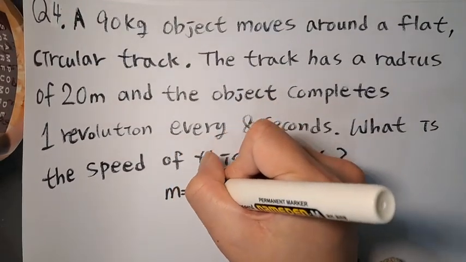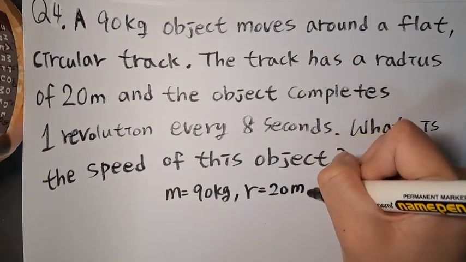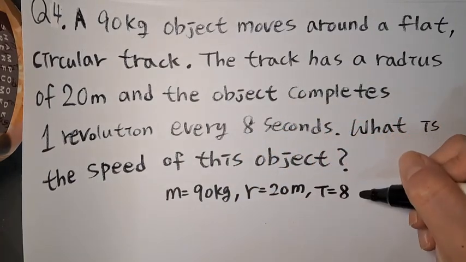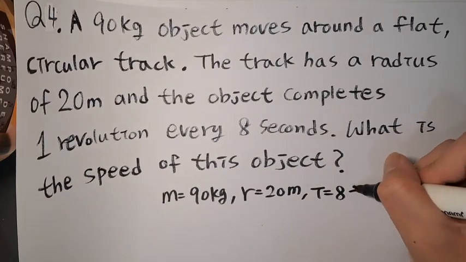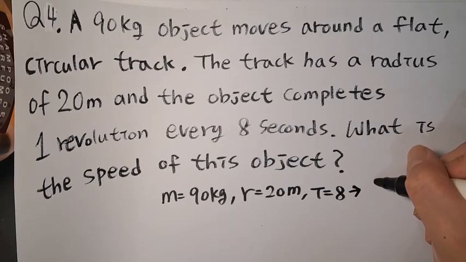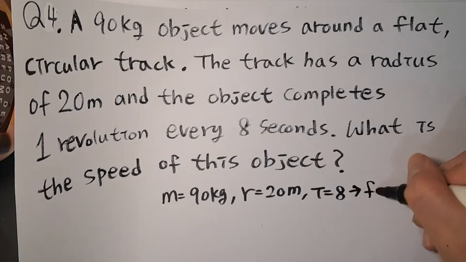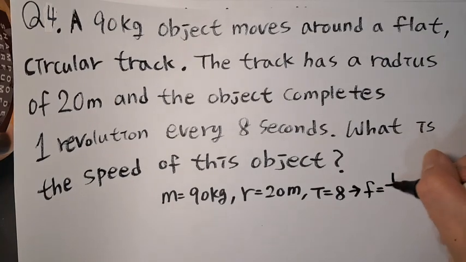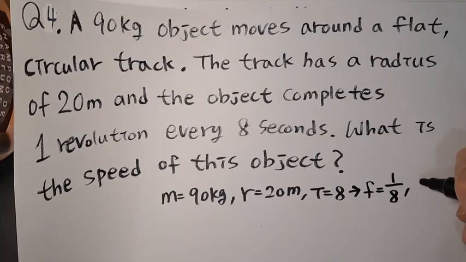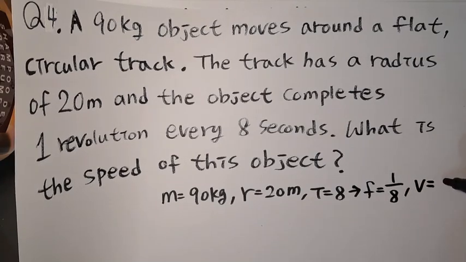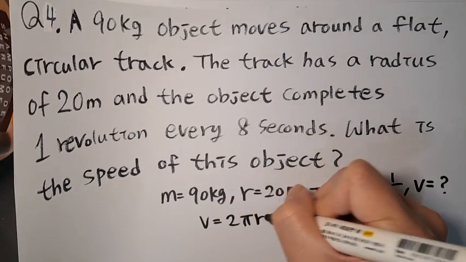So the mass is going to be 90 kilograms. The period is going to be 8, and this is the same as the frequency of 1 over 8. So in this case, what is going to be the velocity?